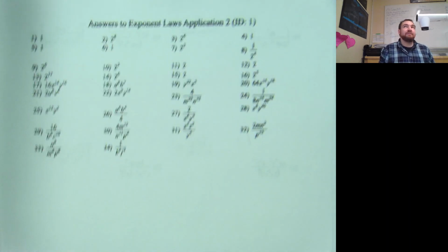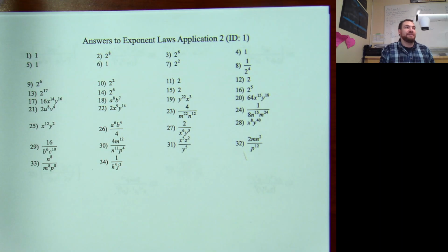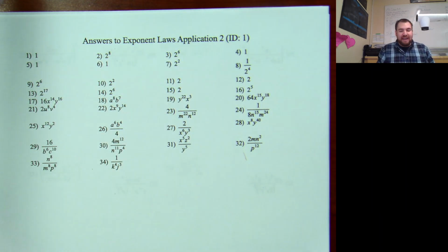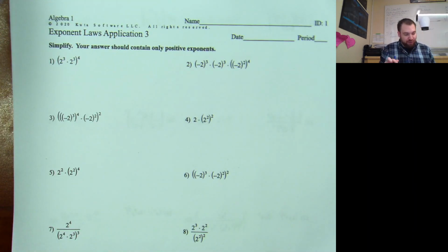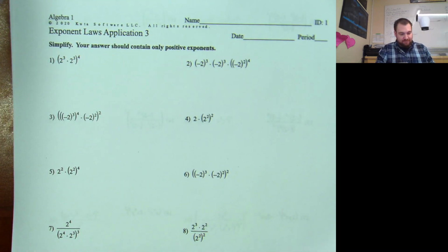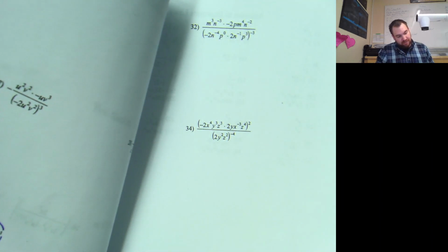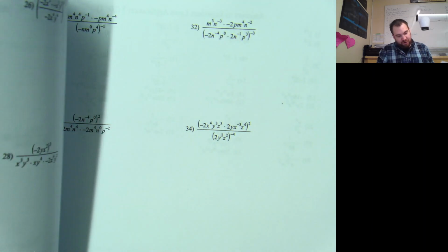Flip again. The answer page is here. And then the next page you're going to slide over and you're going to see Exponent Laws Application 3. This one, you're going to do evens.